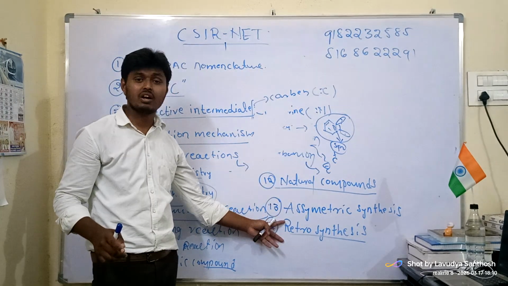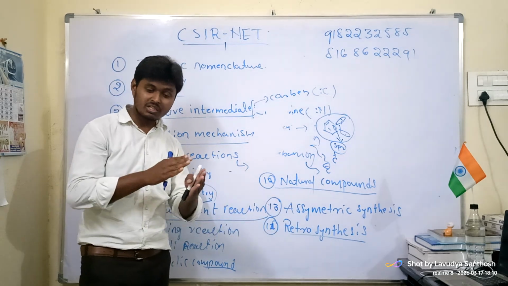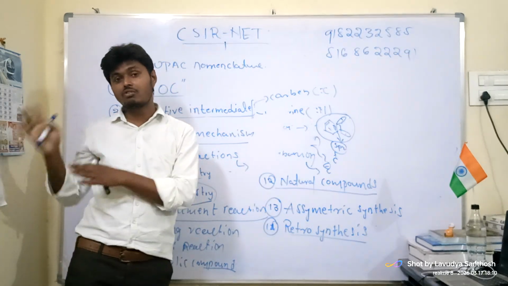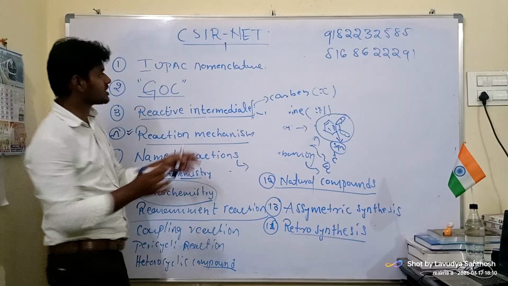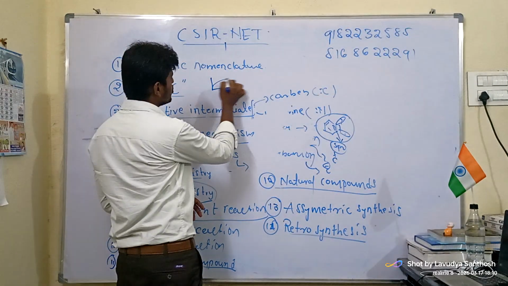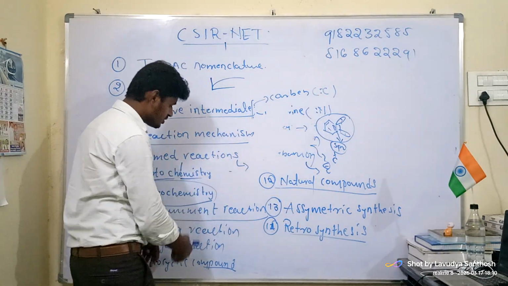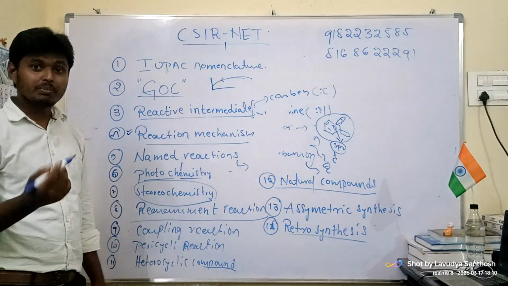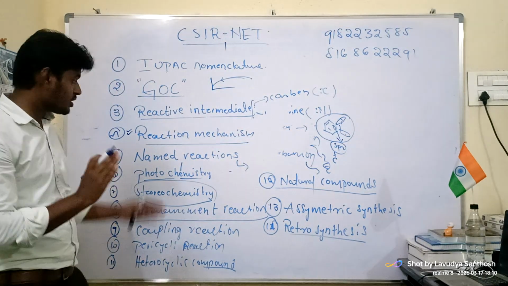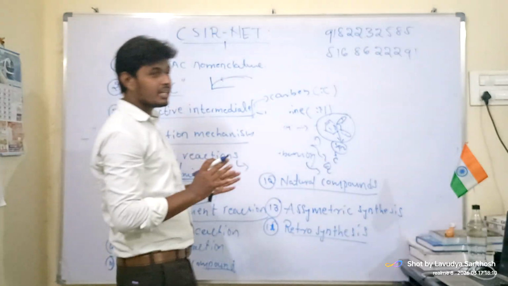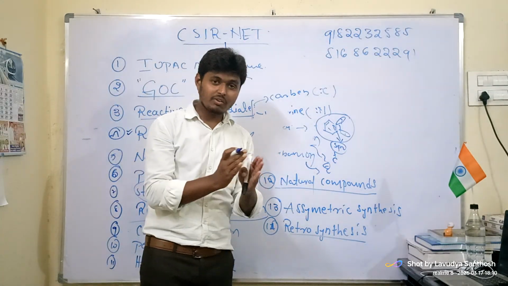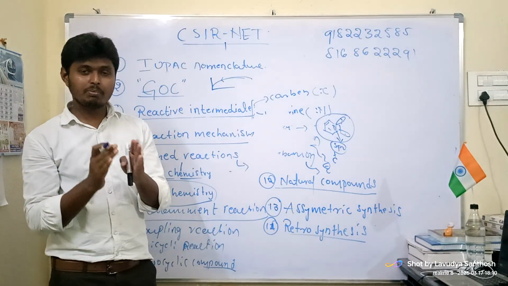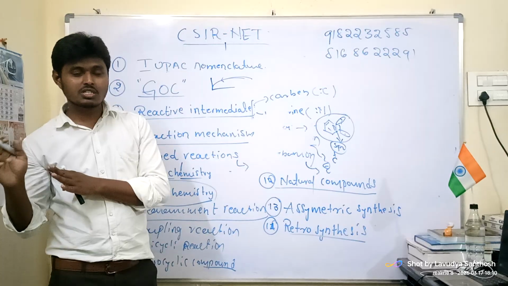Retrosynthesis is a bigger area that is completely opposite, completely backward. In a reaction we generally combine reactants: A plus B is equal to C, where C is the product.